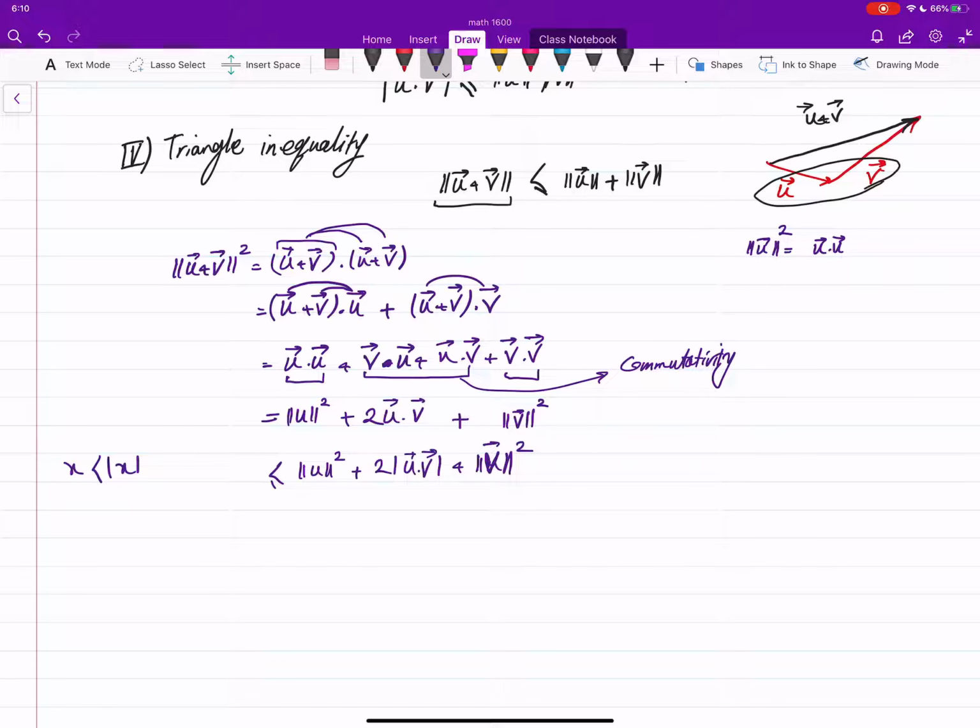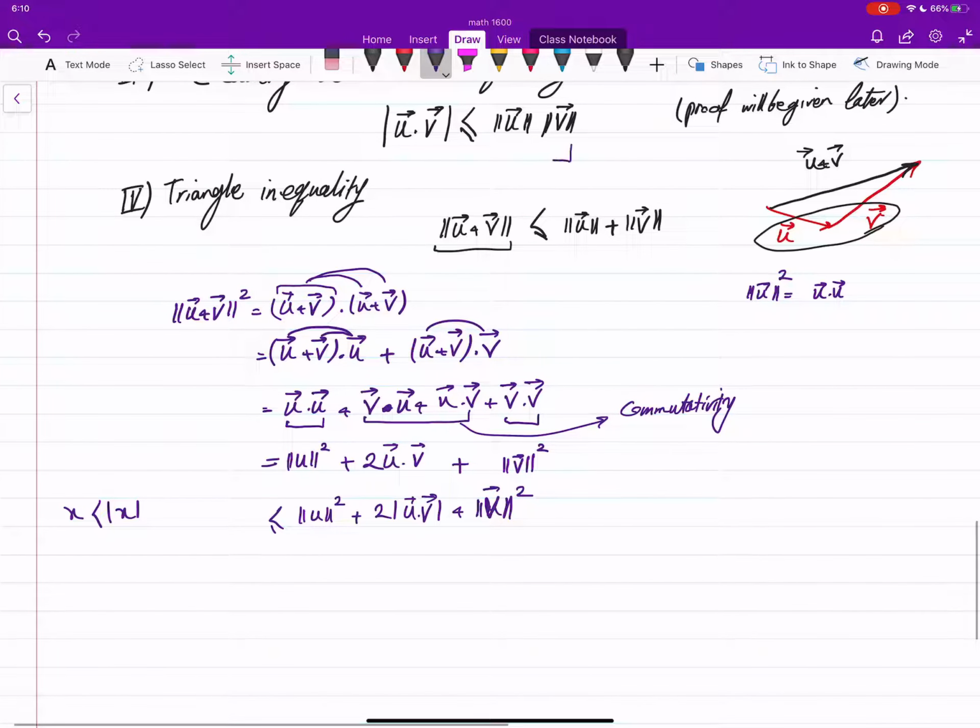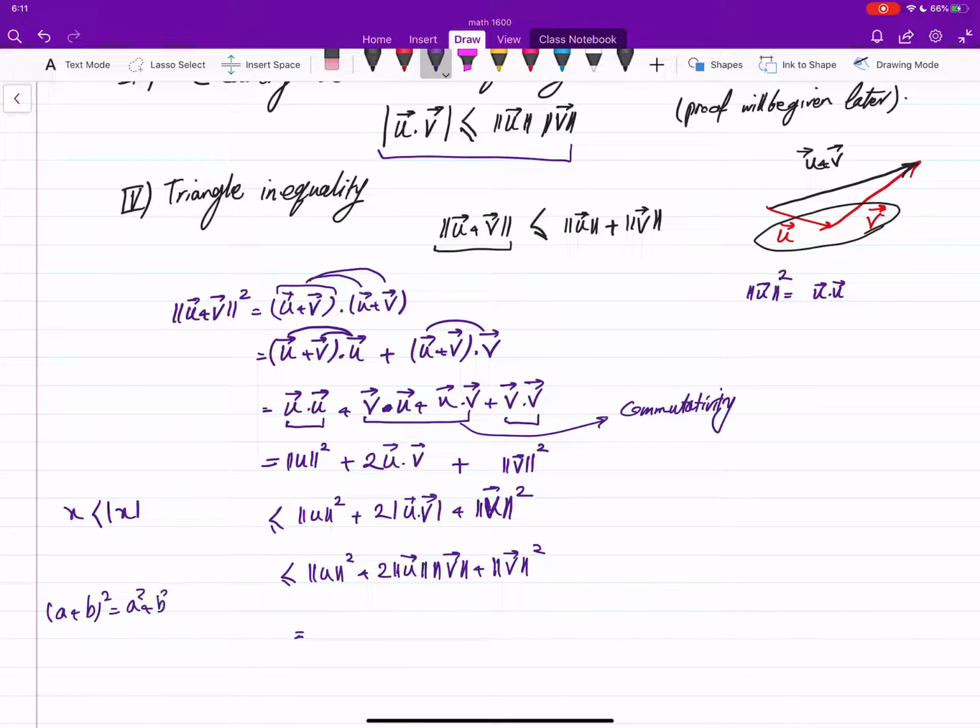Now you see that we are in Cauchy-Schwarz inequality: instead of the absolute value of u dot v, we can write that it is less than or equal to 2 length of u length of v plus length of v squared. And remember the algebraic identity that a plus b squared is a squared plus b squared plus 2ab.